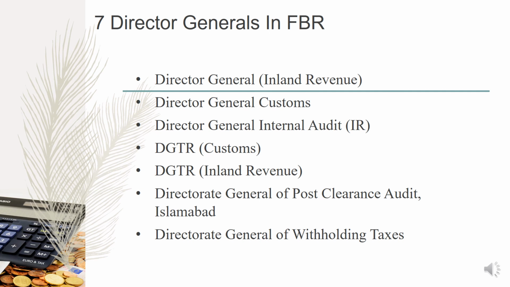These are the seven special Director Generals who are given certain tasks about the income tax overall, the custom duties, internal audits, the post clearance audit, and the withholding taxes.